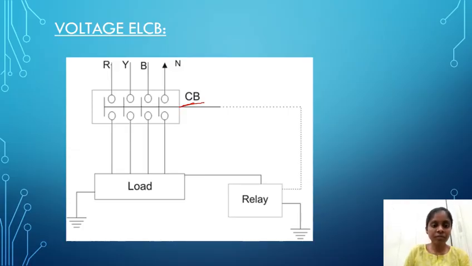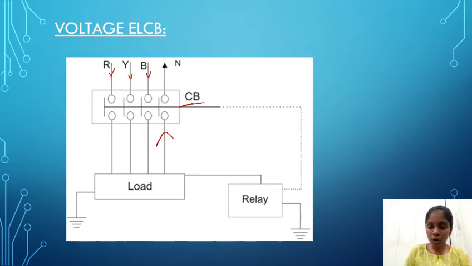In normal condition, we send some amount of current from these three phases, and the current is received by the load. The same current is taken by the neutral. So here there is no loss of current.